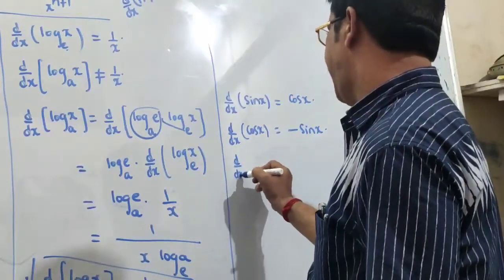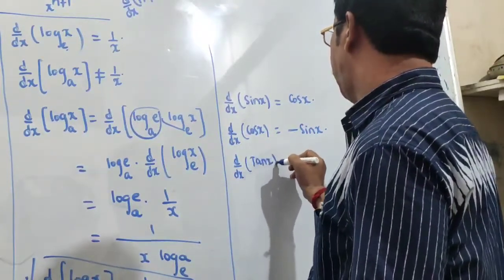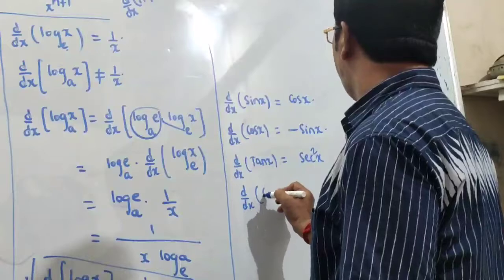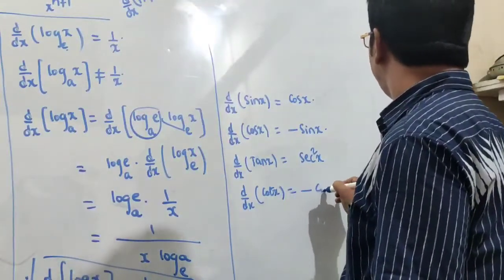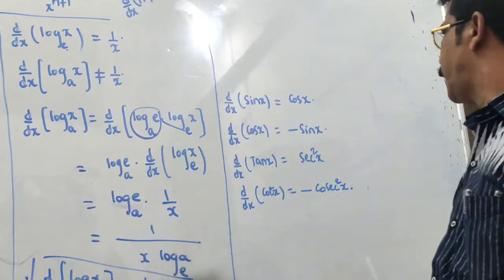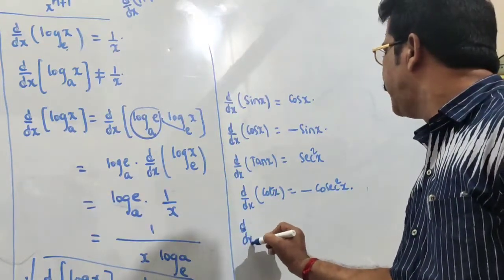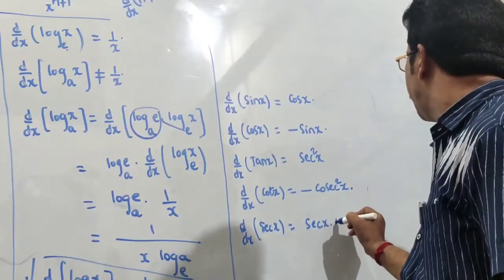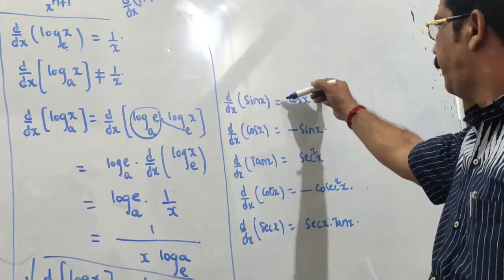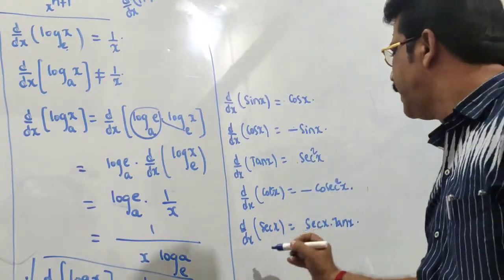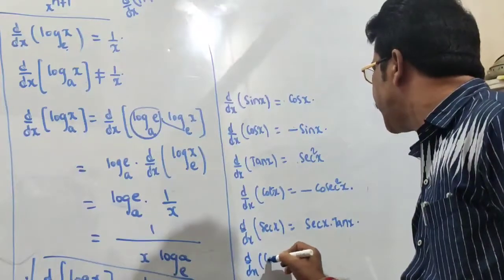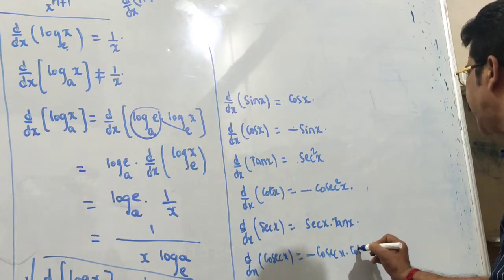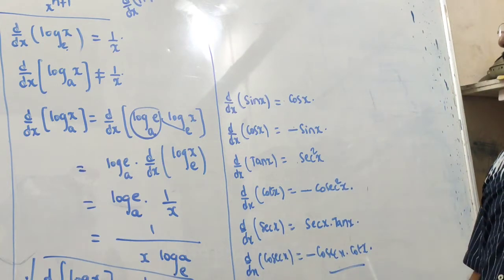Next, d by dx of tan x equal to secant square x. Next, d by dx of cot x equal to minus cosecant square x. Next, d by dx of secant x equal to secant x into tan x. Observe plus, minus, plus, minus, plus, just like that. D by dx of cosecant x equal to minus cosecant x into cot x. So that is over.